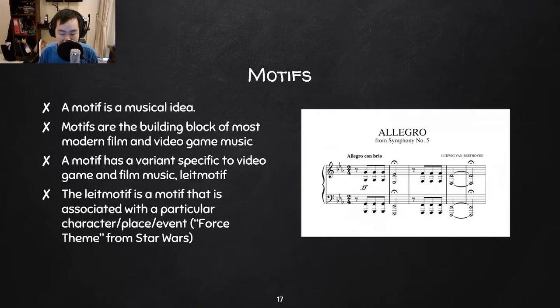Every time there's Jedi or Force or reflection happening in the story, that just somehow always comes on. That's an example of a leitmotif, right? It's a motif that's associated with something. In this case, the Jedi, the light side, right?